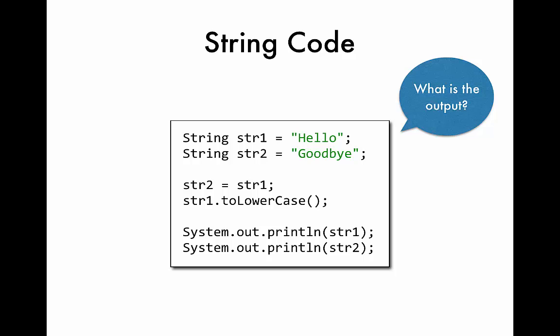Now, I'm not going to explain to you exactly what the method toLowerCase does, but you can probably figure it out by its name. Again, I'll give you 5 seconds to pause the video and write down what you think would be the output of this code. 5 seconds starting from now. Okay, good. Put your answers aside and let's trace through these code examples.